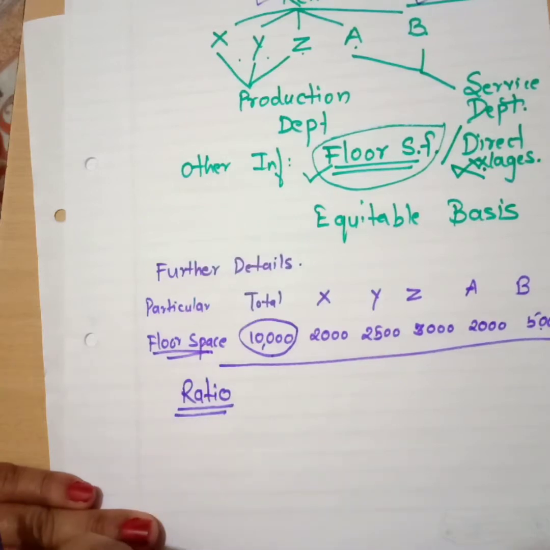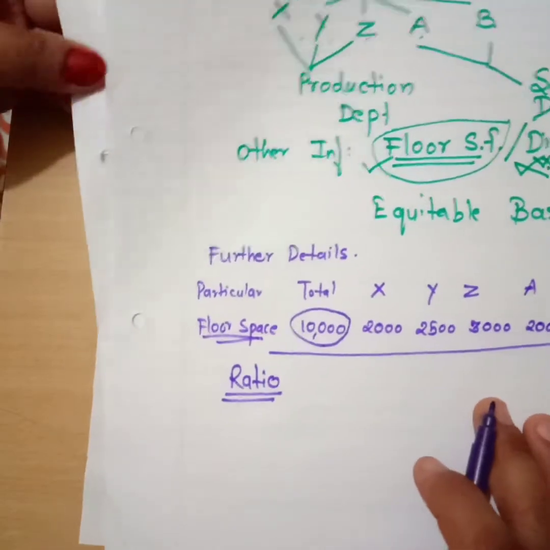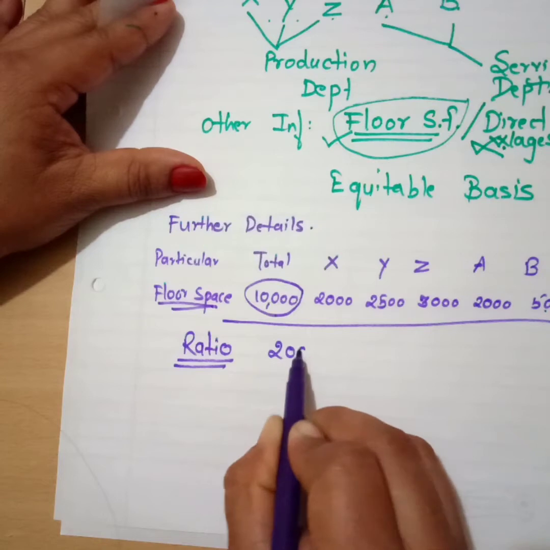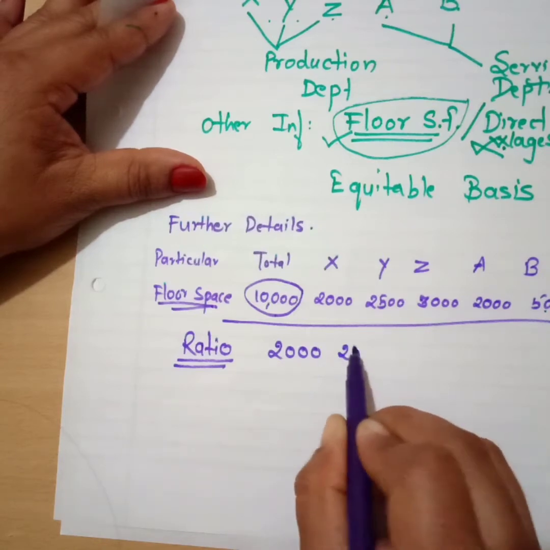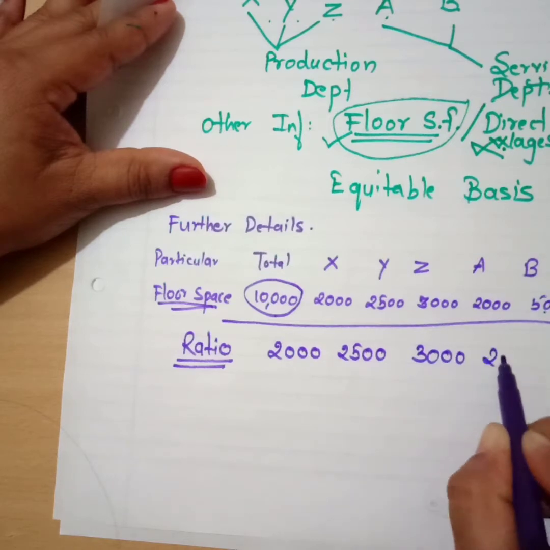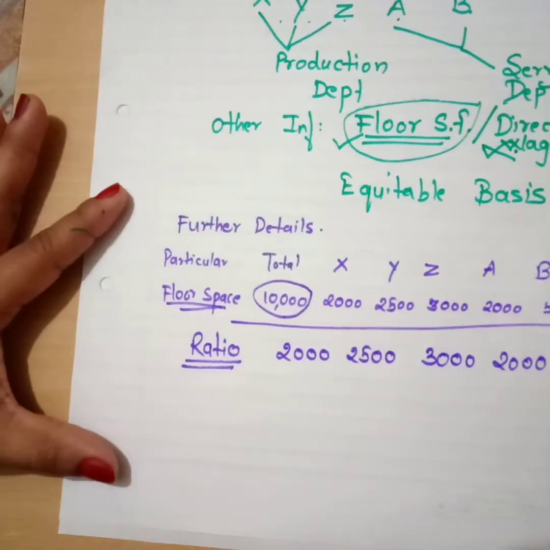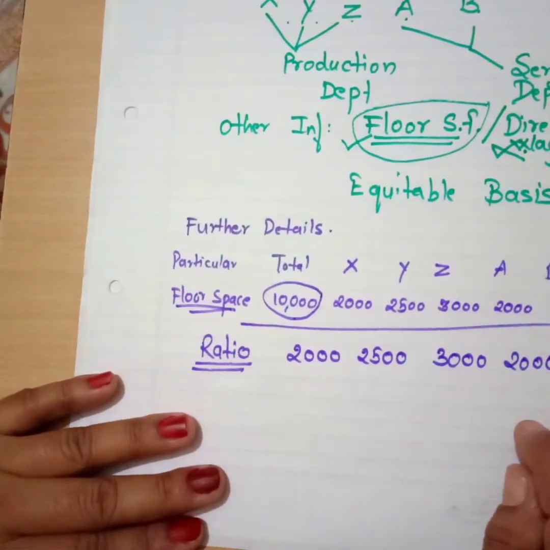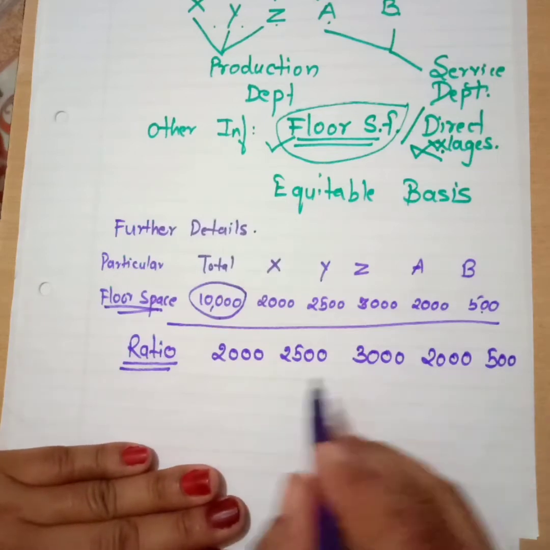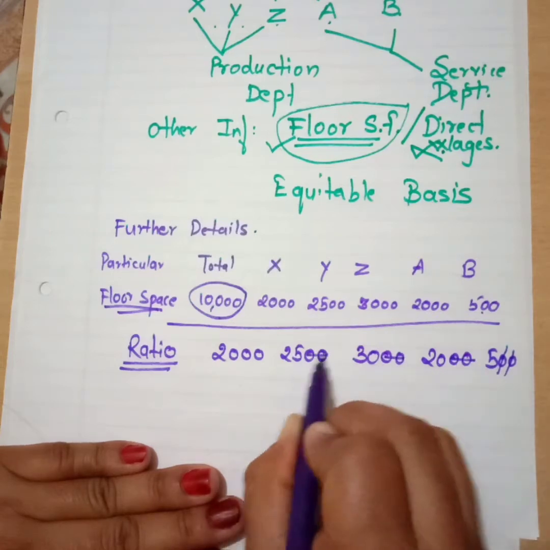Now we have to distribute this rent of 10,000 among these 5 departments on the ratio, so we have to calculate the ratio. The ratio will be 2,000, 2,500, 3,000, 2,000 and 500. Now we have to divide all this by 5. But before dividing by 5, we will cut down all the zeros.